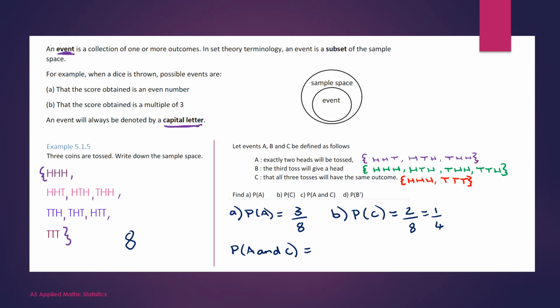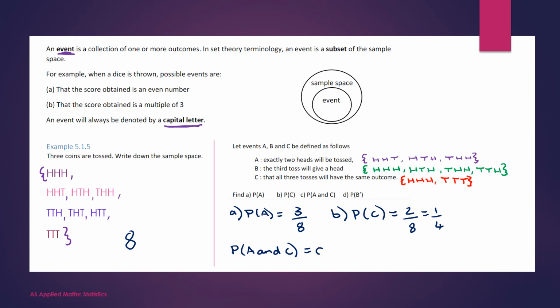Probability of A and C. So when we look at A and C, exactly 2 heads will be tossed, and all 3 tosses will have the same outcome. Well, I can't have that situation, and the word and suggests that they have to happen at the same time. So it would be the overlap between the 2 groups, and there isn't any.